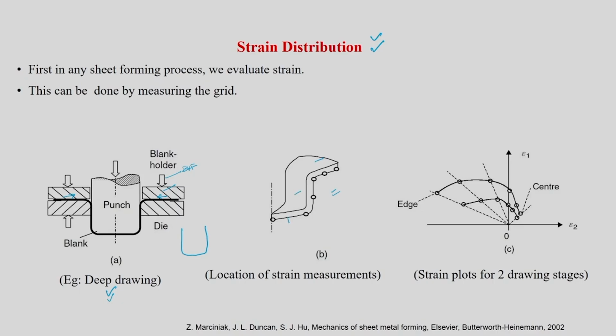So now we want to evaluate strain. We are going to pick up this deep drawing as a process. We are going to evaluate strain at 6 different locations, 1, 2, 3, 4, 5, 6.